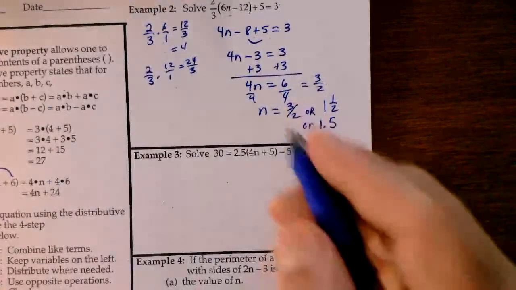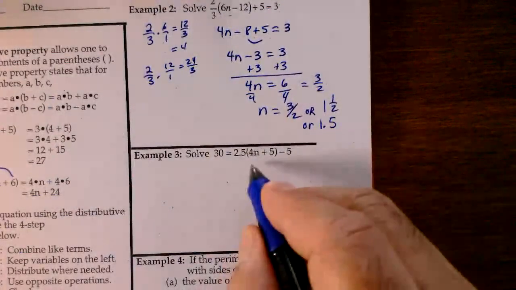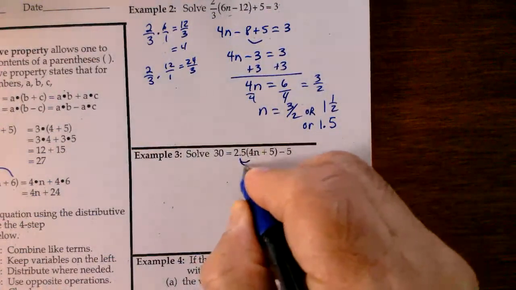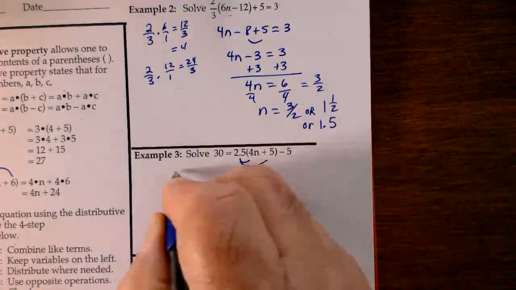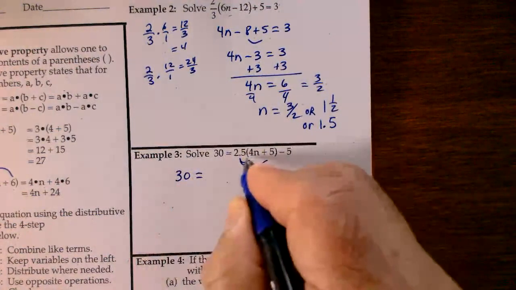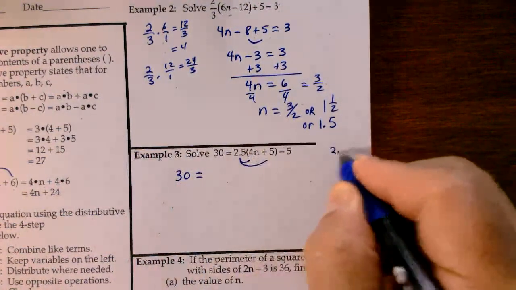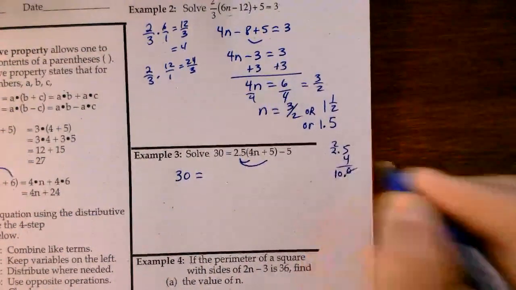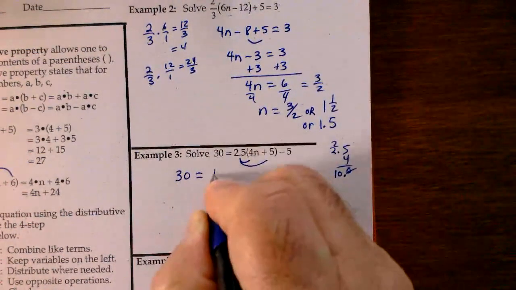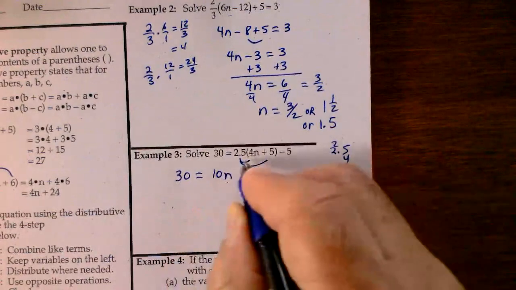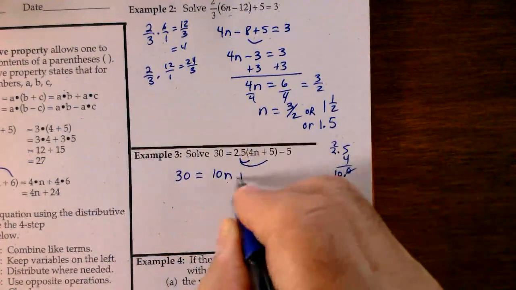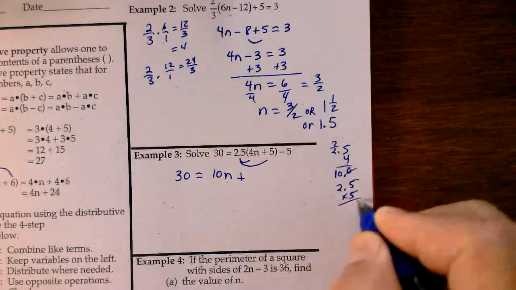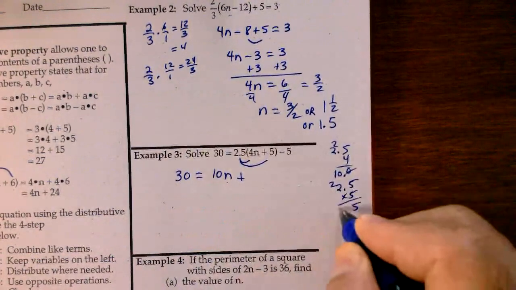On this example, it looks complicated because the numbers look larger, but we do the same thing. We're going to multiply the parentheses, and we're going to get 30 equals 2.5 times 4. As you could see, you're going to get 10.0 or 10, 10n. And then you're going to have a plus, and let me see, 2.5 times 5 is 25, carry the 2.